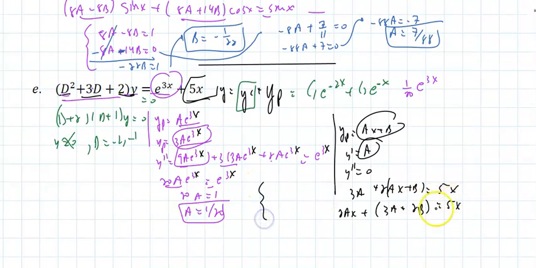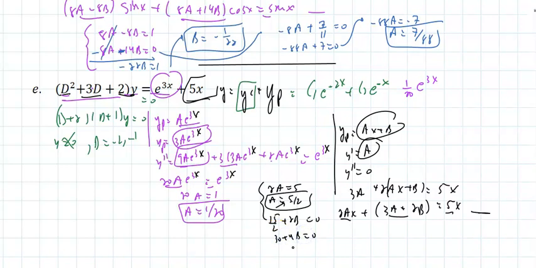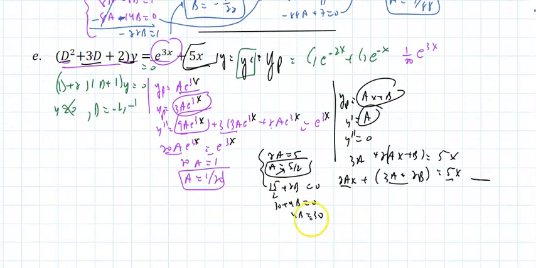What that means, 2a must be 5, which means a is 5 halves, and 3a, 3 times 5 halves is 15 halves, plus 2b must equal, since there's no constant there, a 0, so 30 plus 4b must be a 0, 4b must be 30, and b must be 15 over 2.